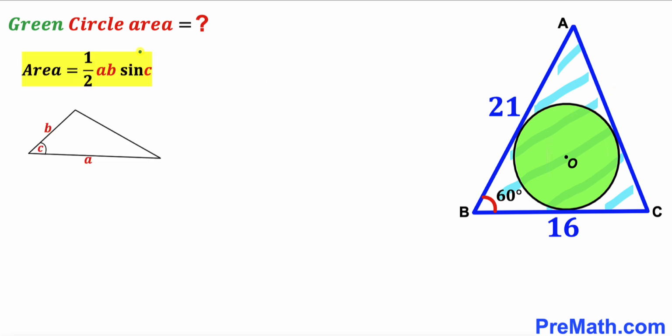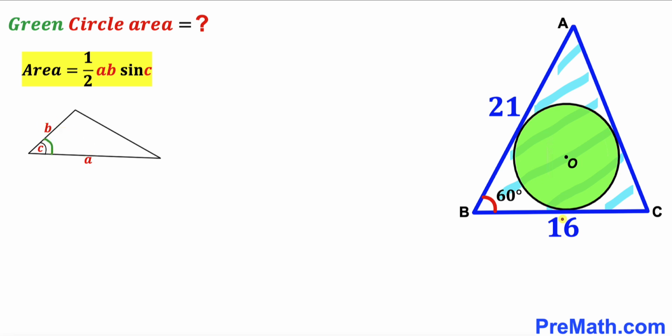Now let's recall the area of a triangle formula. Area equals a half times a times b times sine of angle C. In this triangle, this is our side a, this is our side b, and C is the angle in between.